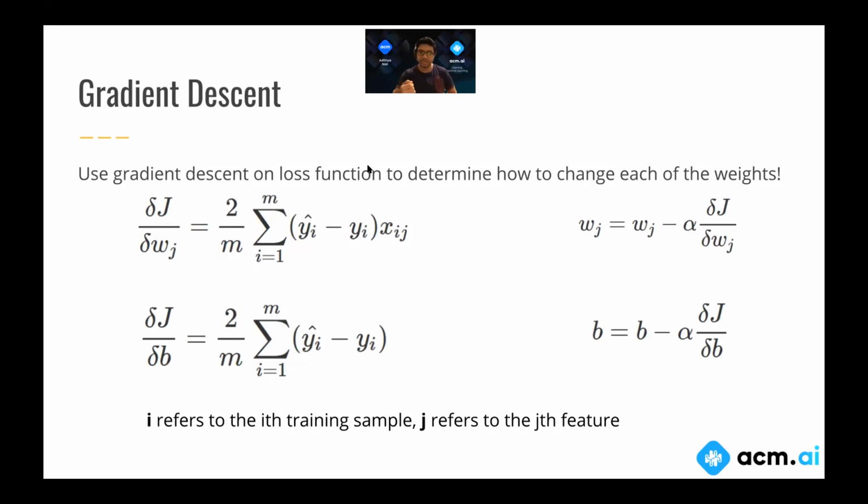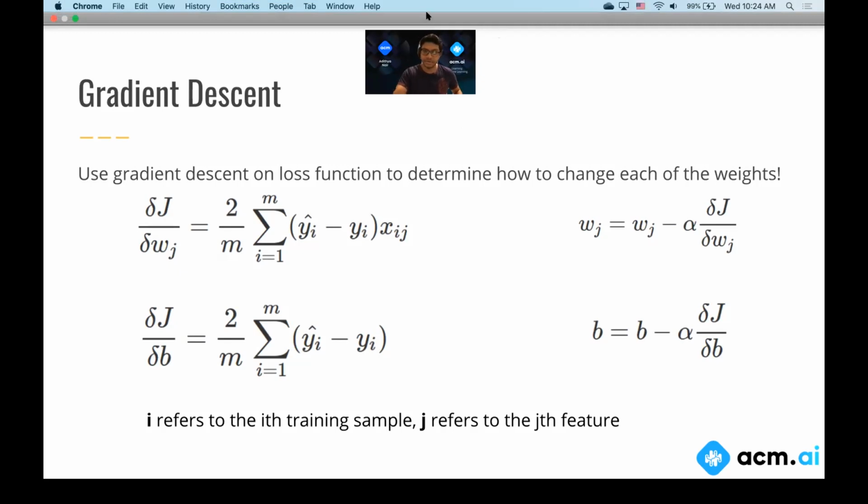When we differentiate that function with respect to a particular weight, like W sub J, all other terms that do not contain W sub J become 0, and the coefficient of W sub J, which is X sub J, will remain, which is why you see us multiply with X sub J. We also have the i because we have to sum over all the training samples, so we go all the way from i to m. Hope you got that.